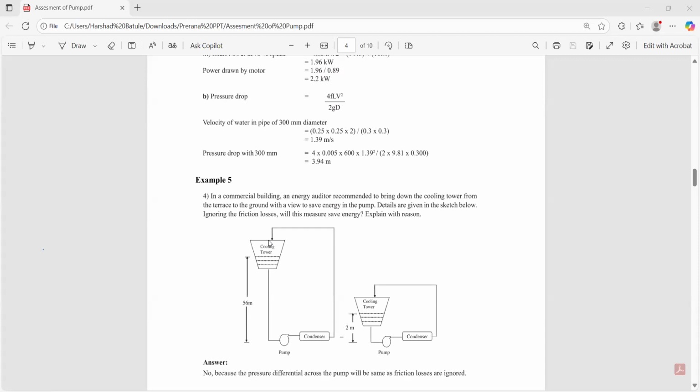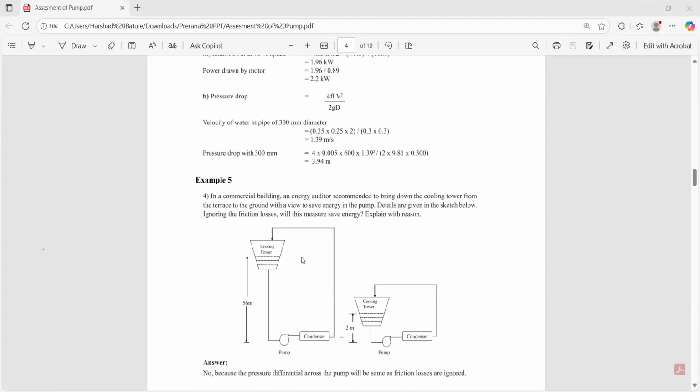If we are not supplying good ambient air or a dust-free environment, your cooling tower performance is going to decrease. So the location of the cooling tower matters in the pumping system. In this example, there will be no saving.